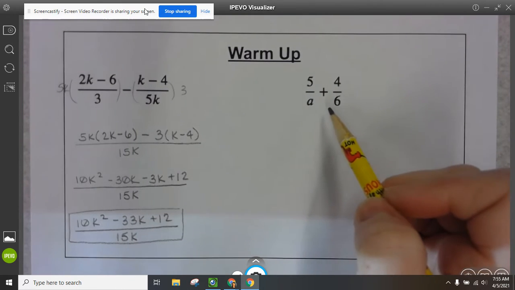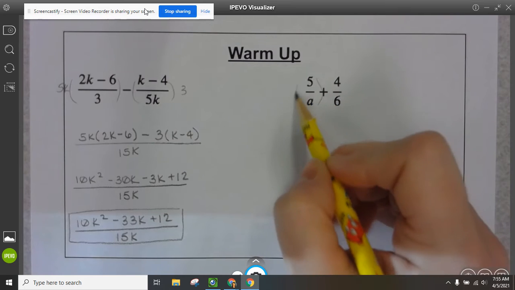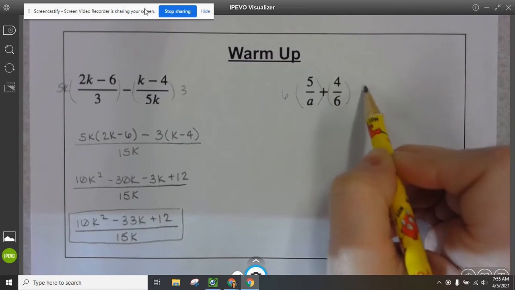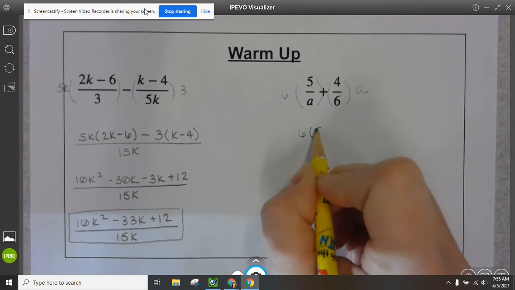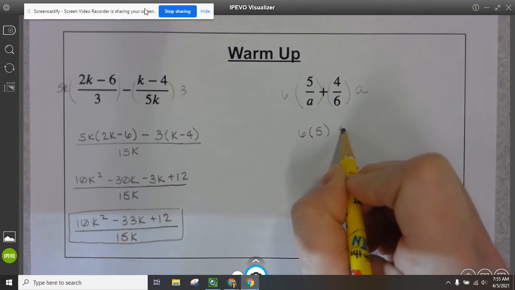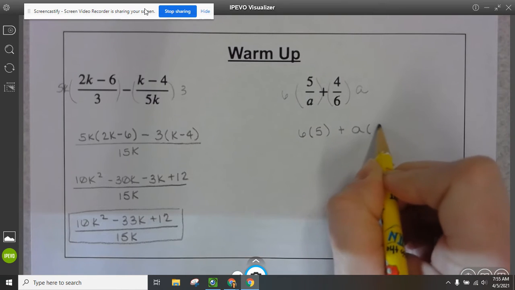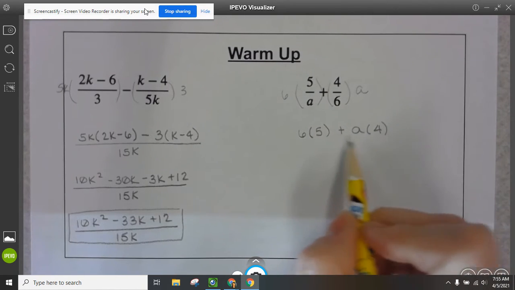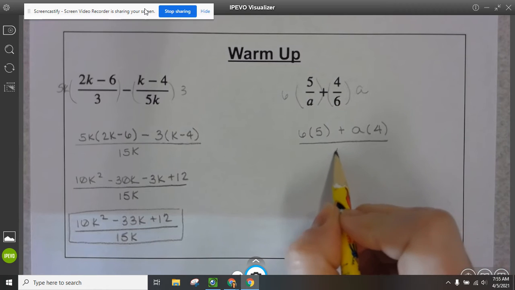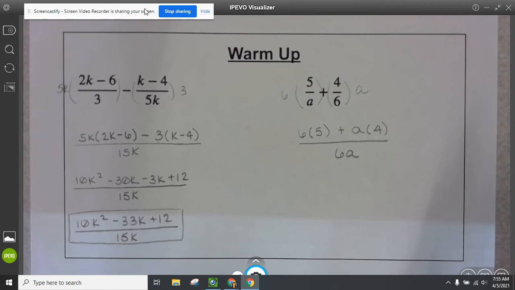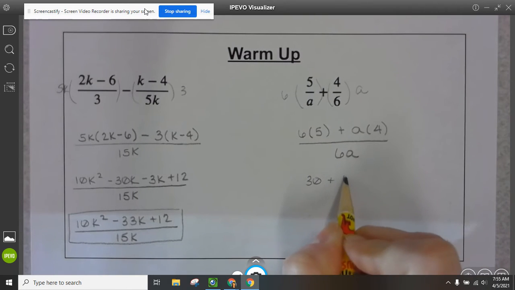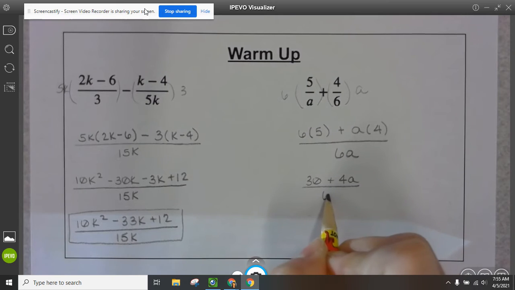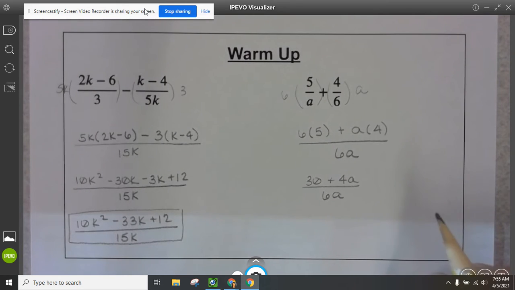Here in this one, common denominator is going to be 6a, so this one needs to be multiplied by 6. This one needs to be multiplied by a. So I'm going to have 6 times 5 from my first numerator and a times 4 from my second numerator. And that's all going to be divided by 6a. So that's going to be 30 plus 4a, all divided by 6a.